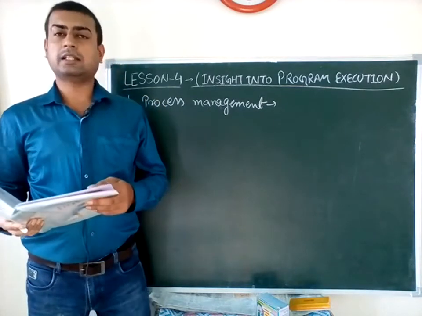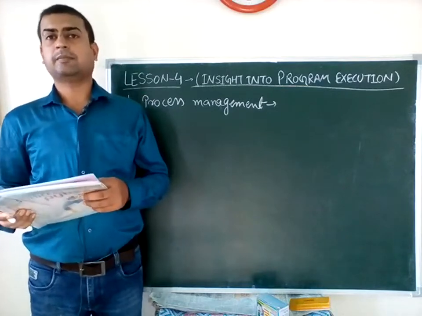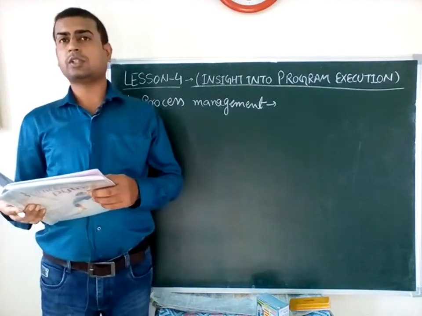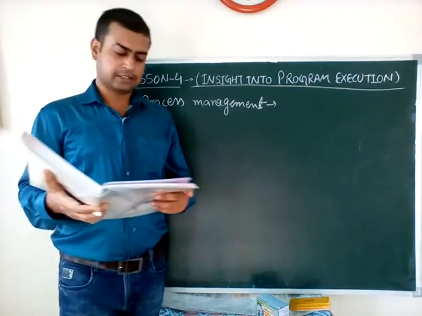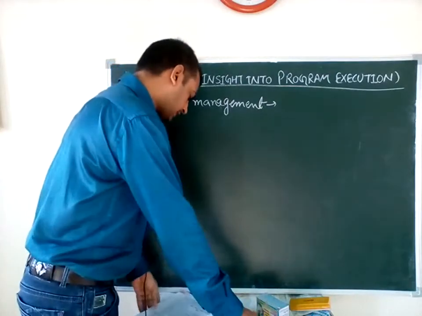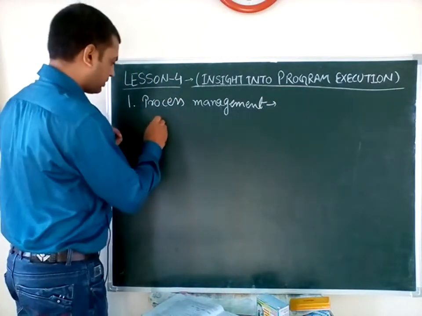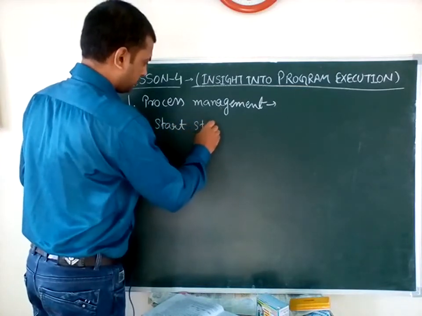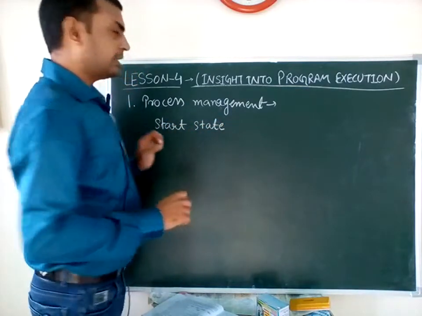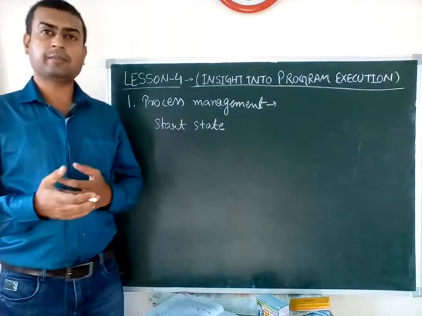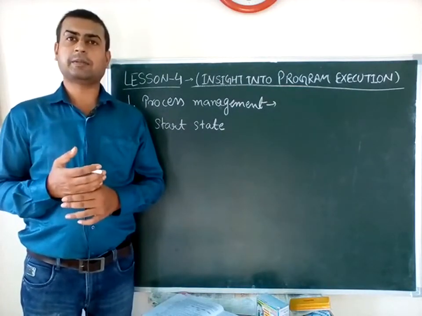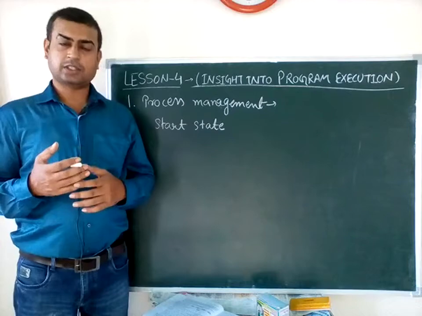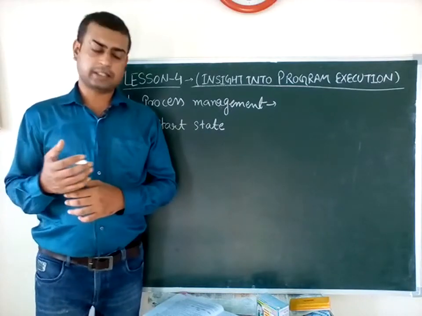Now in this process management, means how this program is going on, there are stages. The first is the start state. Start state means if a program is ready to go inside the memory for its execution, this is called start state.